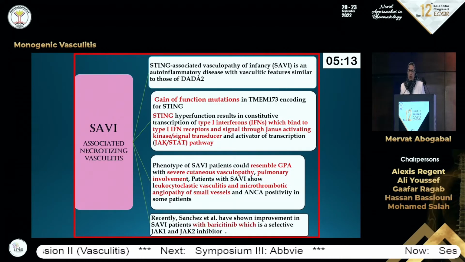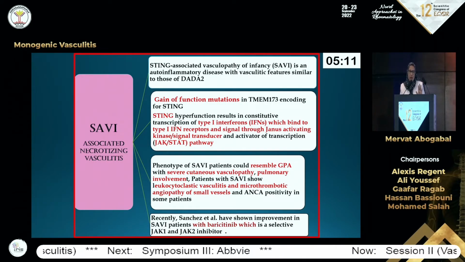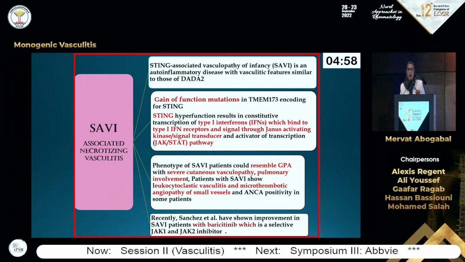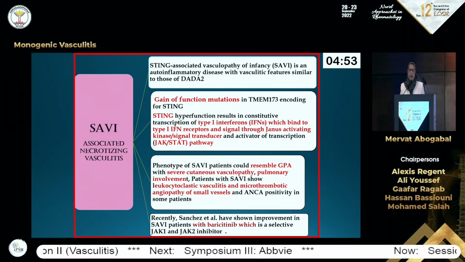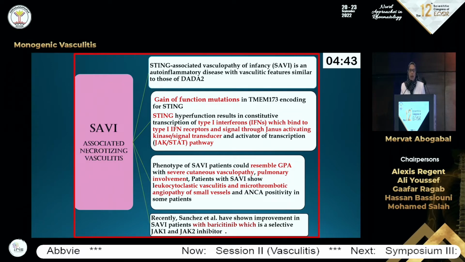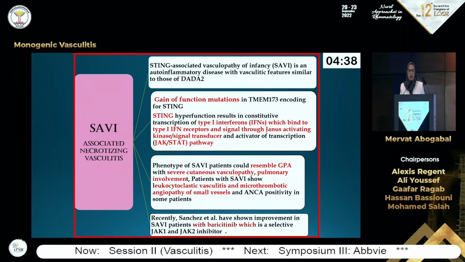The next form of monogenic vasculitis usually occurs in children: SAVI, STING-associated vasculopathy of infancy. What is meant by STING? Stimulator of interferon gene protein. Here there is a gain of function mutation in the gene encoding STING. This results in overproduction of interferon 1, which binds its receptors, resulting in increased signaling through Janus kinase.